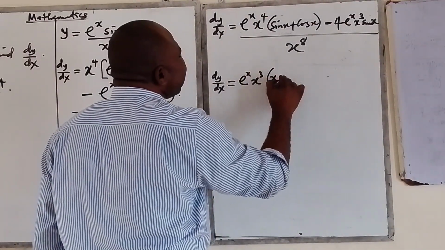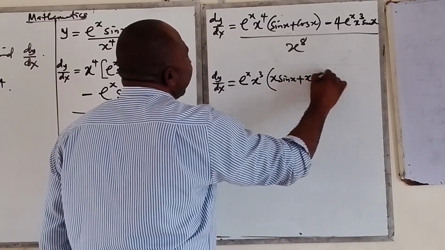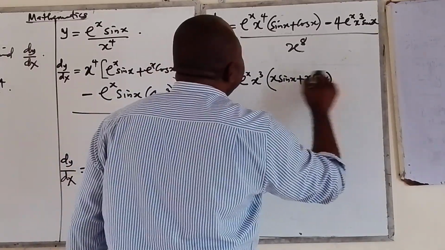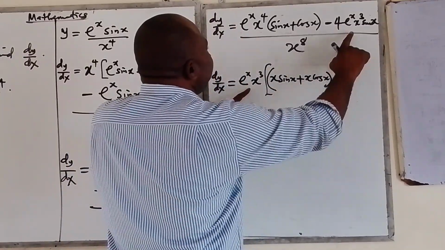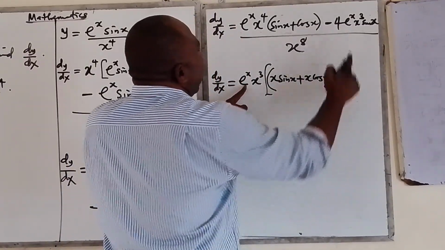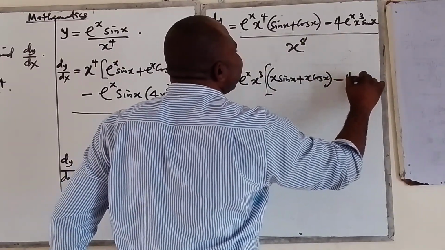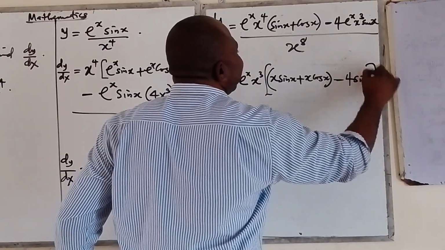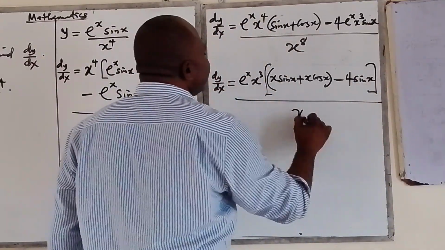So we have x sine x plus x cos x, then minus, already e power x and x power 3 are out, so here we'll be left with 4 sine x, all over x raised to the power of 8.